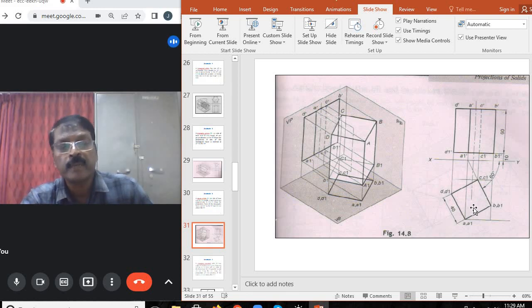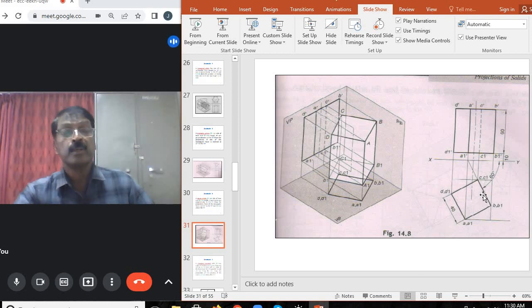We start with the top view, where we see only a square, and drawing the first edge is very important. What is given in the problem is that one of the rectangular faces makes 60 degrees with the VP.